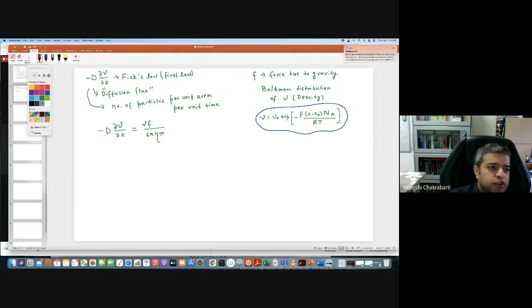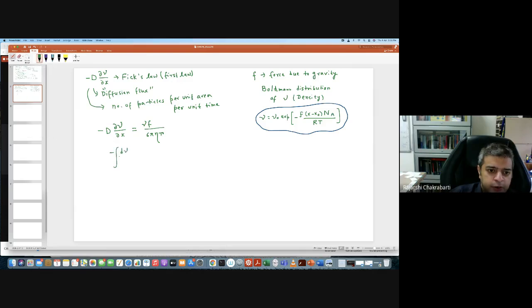Now I go back to the equation I have written on my left. I can write it again. It is going to be minus d nu by nu, going from nu 0 to nu.